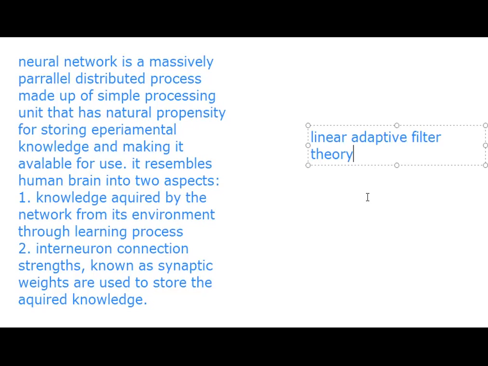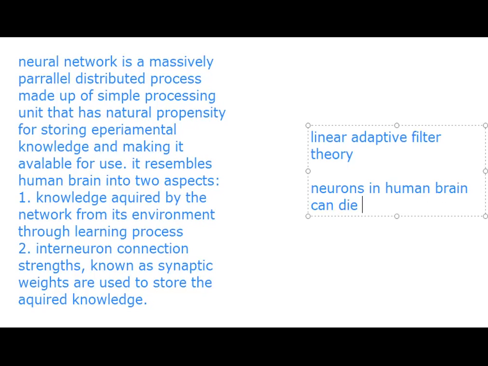However, it is also possible for a neural network to modify its own topology, which is motivated by the fact that neurons in the human brain can die and new synaptic connections can grow.